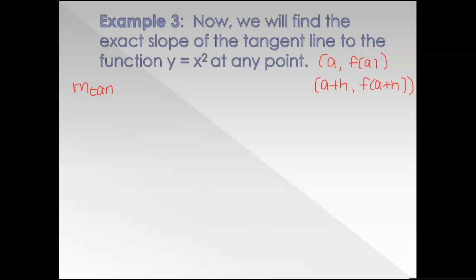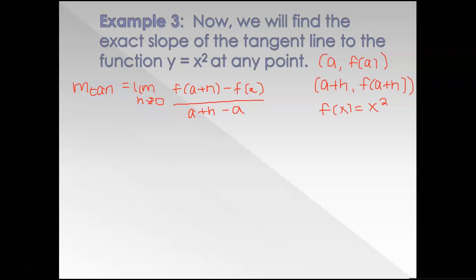So we can say that the slope of the tangent is equal to the limit as h approaches 0 of f of a plus h minus f of a all over a plus h minus a. And in this case, my f of x is x squared.